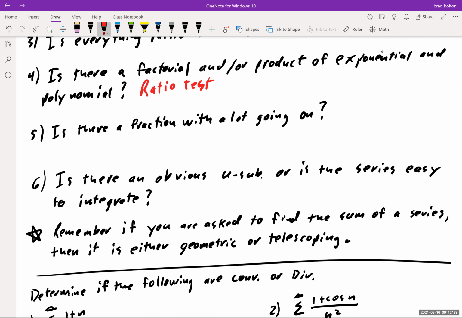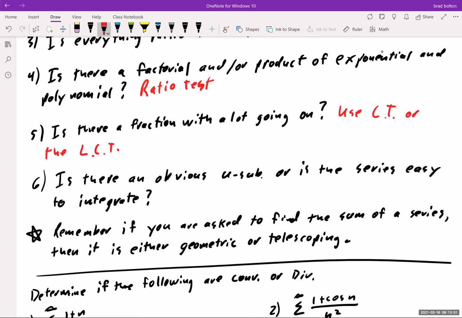So we also have, is there a fraction with a lot going on? So meaning there's a whole bunch of stuff happening. You know, we're going to use the comparison test or the limit comparison test. Okay.